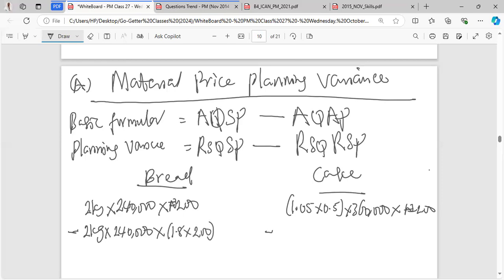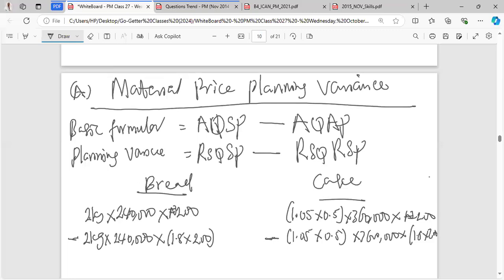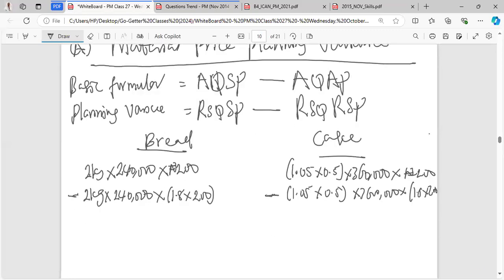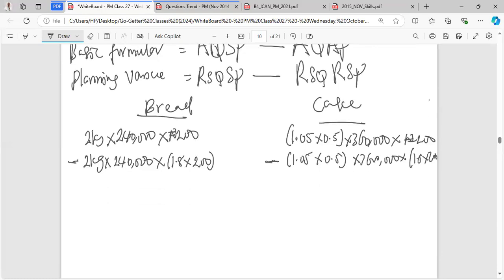You know, global price increased by 18%. Now the same thing here: 1.05 multiplied by 0.5 multiplied by 360, multiplied by 1.8 times 200. Okay, so we have done your revised standard quantity, standard price, revised standard quantity, revised standard price.